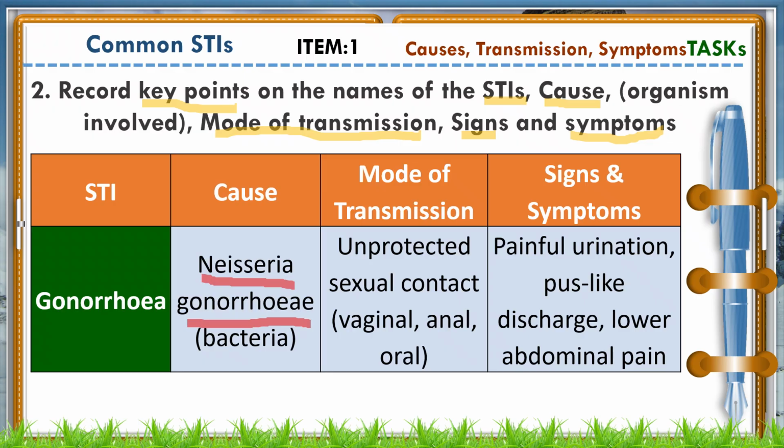The mode of transmission is through unprotected sexual contact: vaginal, anal, and oral. The signs and symptoms are painful urination, pus-like discharge, and lower abdominal pain. That is gonorrhea.